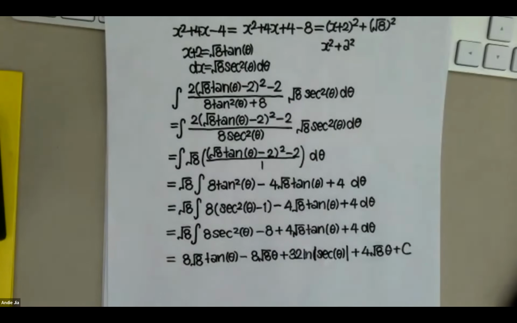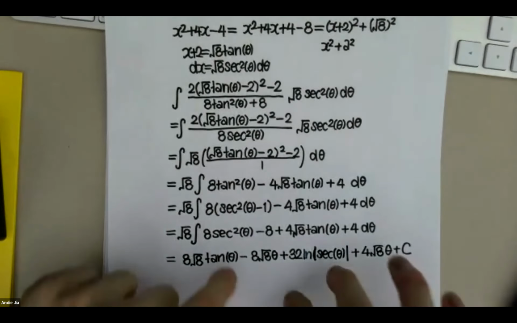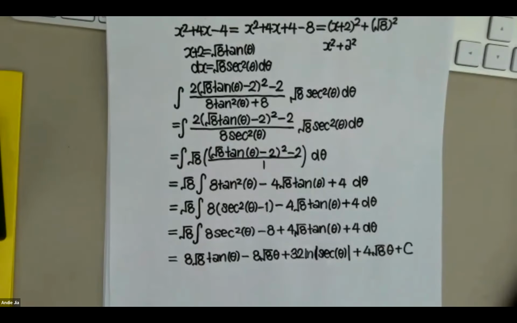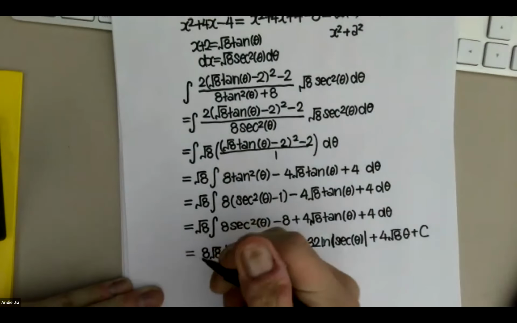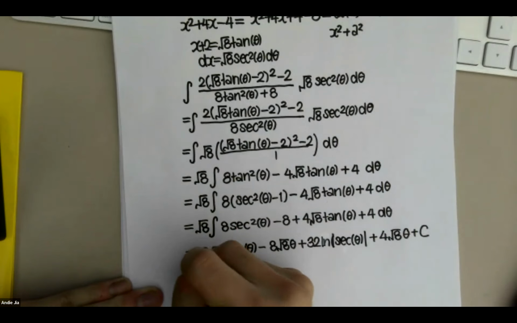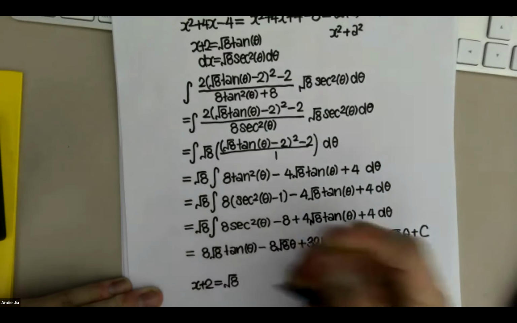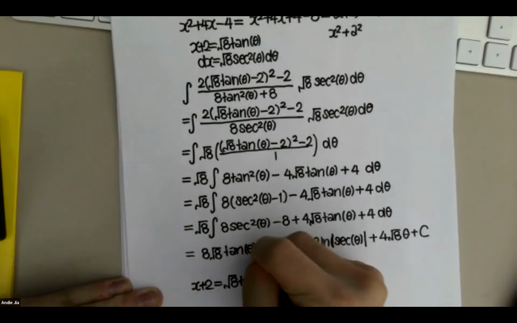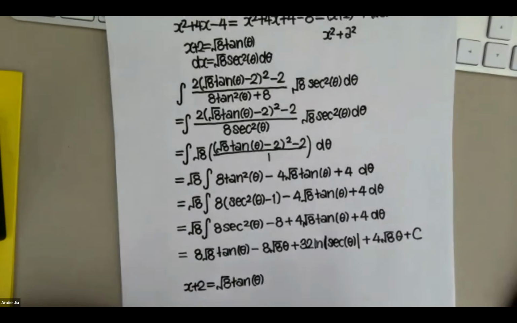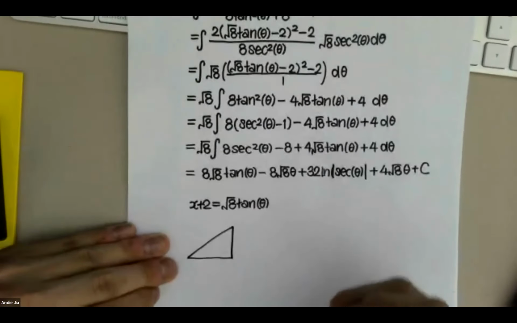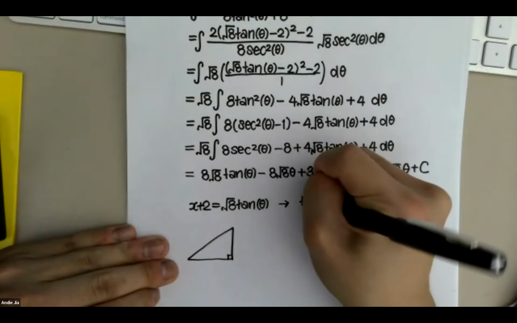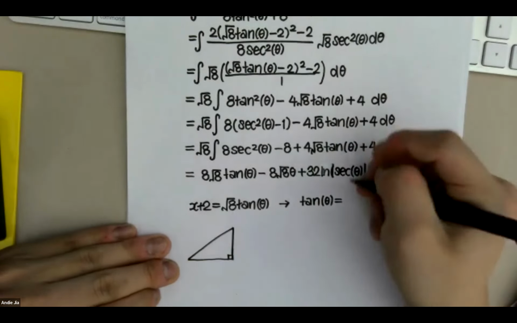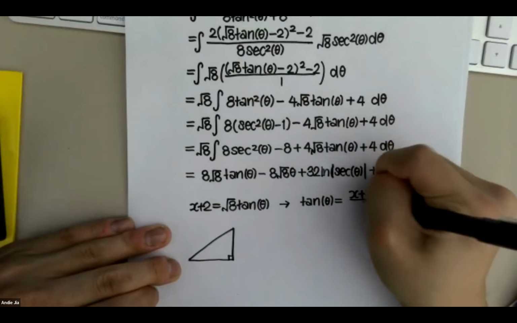Now we have this giant antiderivative. It's only in terms of theta, but we want it in terms of x. Now what we can do is draw the triangle, because we know x plus 2 is square root of 8 tangent of theta. So tangent of theta is x plus 2 over square root of 8.